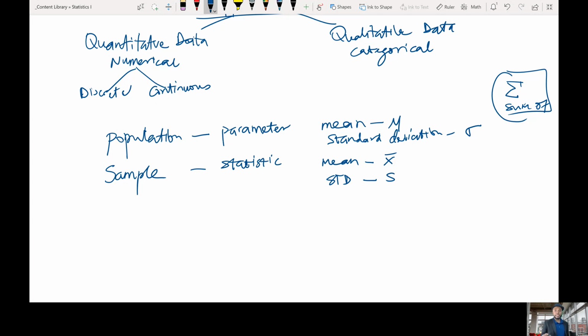Now, one way to remember this is P to P, S to S: population parameter, sample statistic. The characteristics of a population is a parameter, the characteristics of a sample is a statistic.